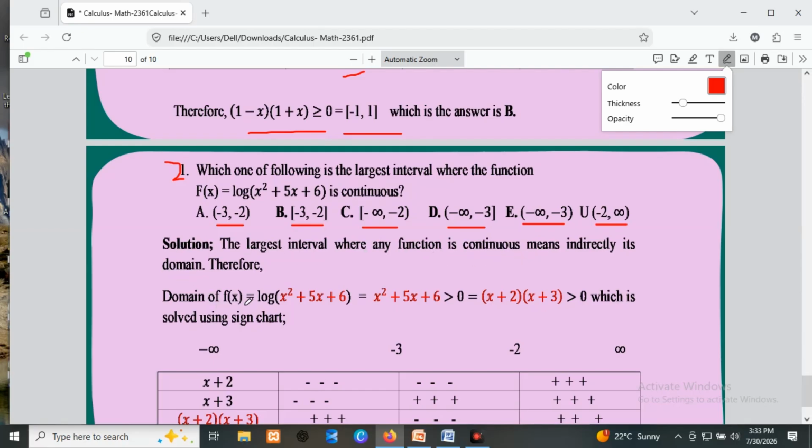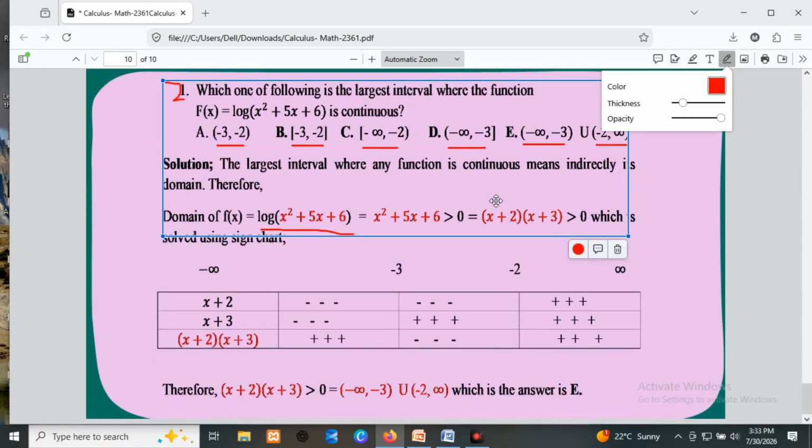Therefore, the domain of f of x, which is a logarithm: the domain of the logarithm is the positive real numbers. So the expression here should be greater than 0.